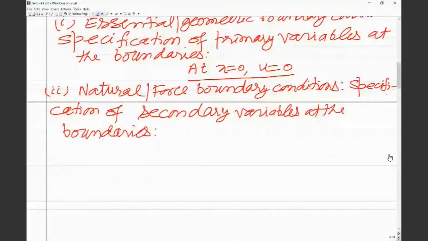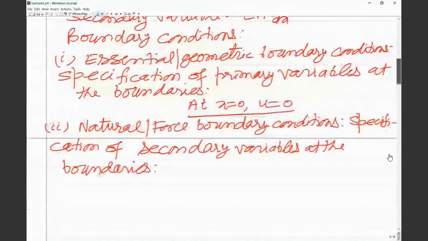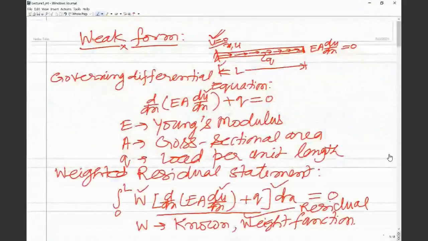For the given problem, there are two boundaries. One is at x equal to 0, and the other is at x equal to L. Because at x equal to L the rod is free, there is no force along the axial direction.